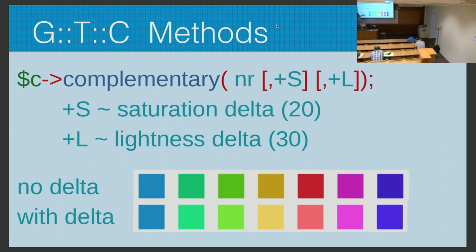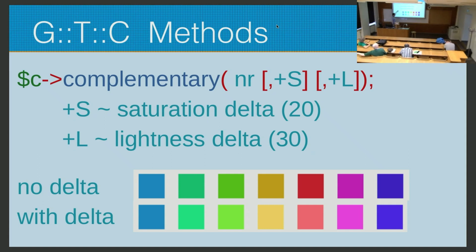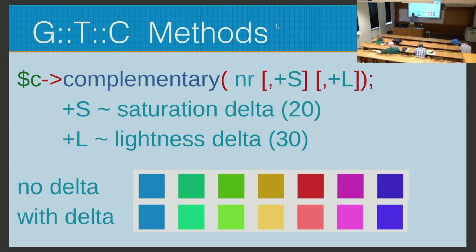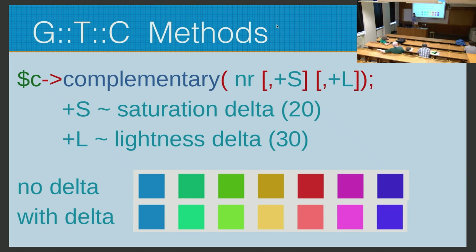But what you can have now is a certain tilt. You see the colors in the middle get a little bit lighter, and also this is the delta you can put as optional. So you have even some different sort of complementary colors if you want, if you know what you want, which makes this function even more powerful.